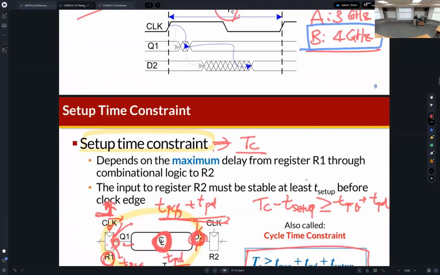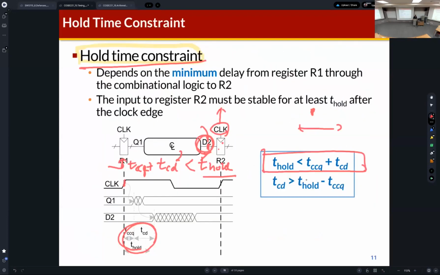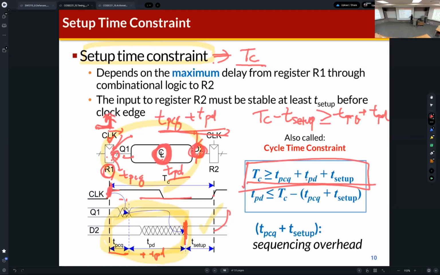We learned about the setup time constraint and hold time constraint. When we calculate the allowable clock period, the input of this building block needs to be stabilized, which means the output value of this combinational logic needs to be finally determined.